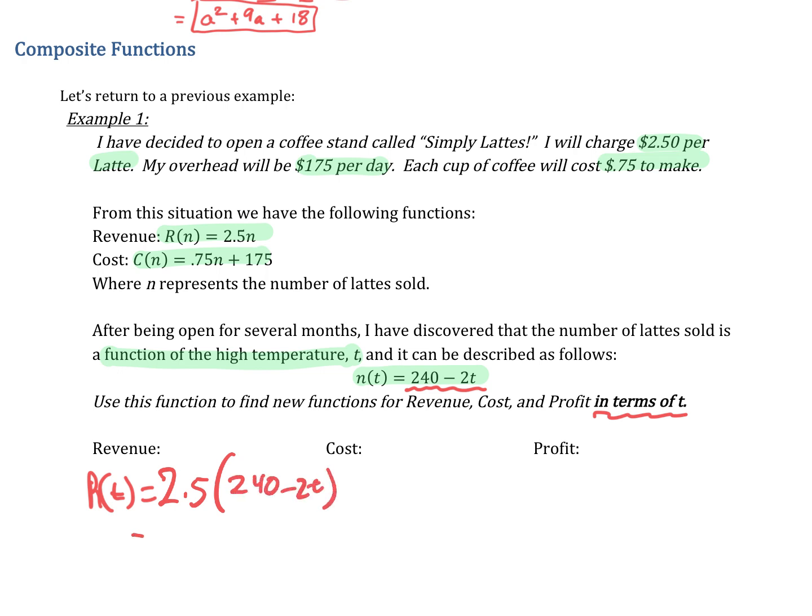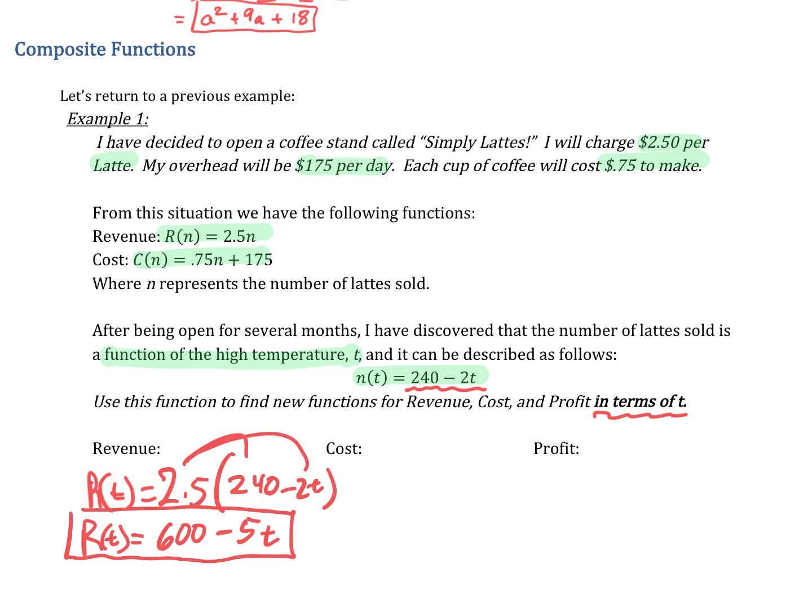And if we clean that up, 2.5 times 240, that's 600, and 2.5 times 2 is 5T. So there's my function for revenue as a function of T, the temperature. All right, well, what about the cost?